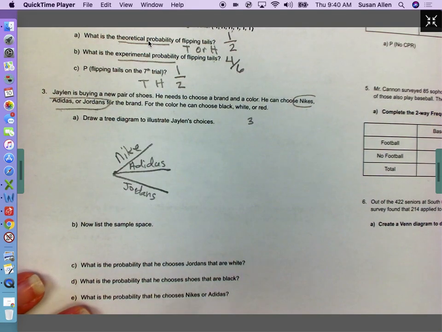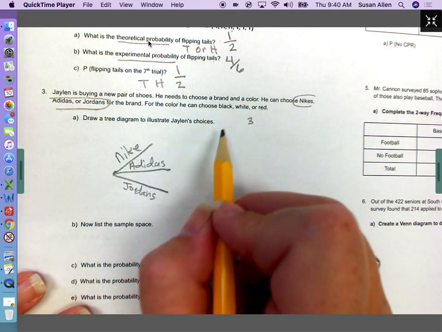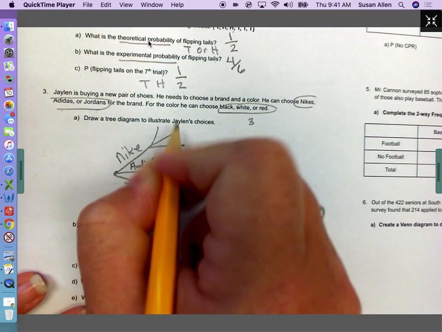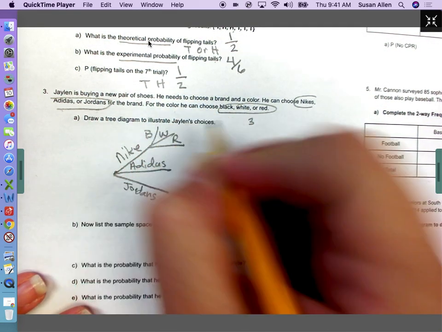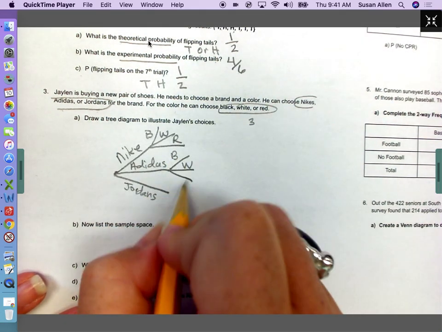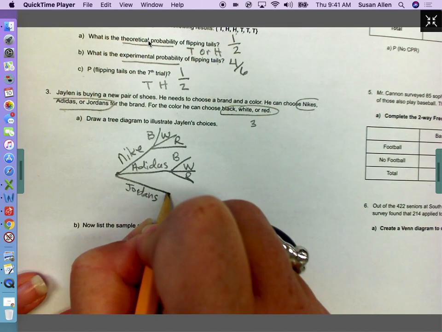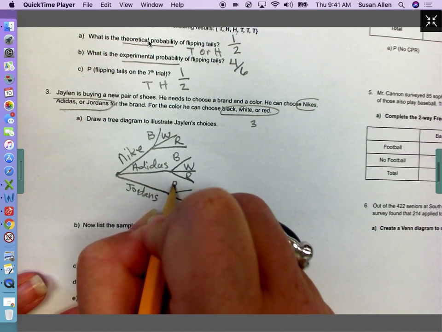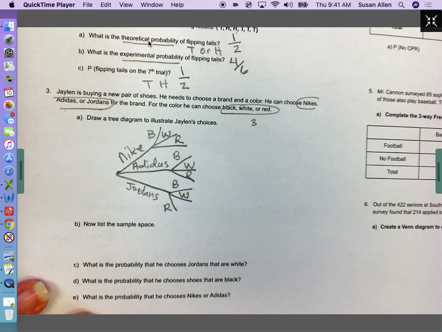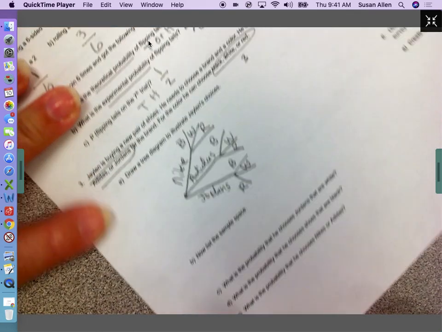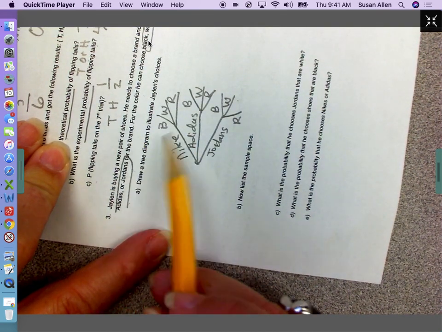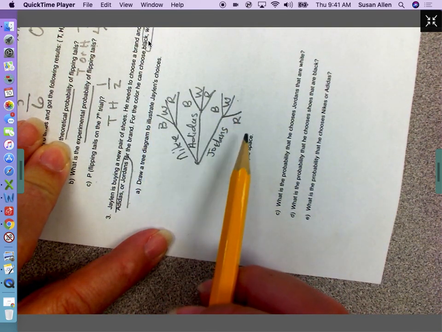He next will make the choice about what color, whether it will be black, white, or red. So black, white, or red. And he can choose black, white, or red for Adidas also, or from Jordans, black, white, or red. The big idea here is you want to make sure you have one tree. If I were to turn this way, you can see it kind of looks like a tree with 3 branches, and then maybe think about these as leaves.